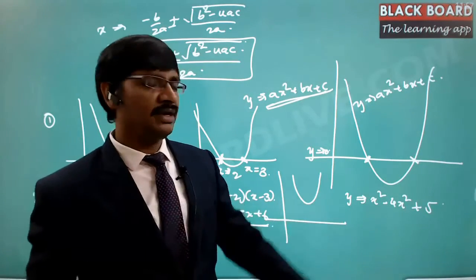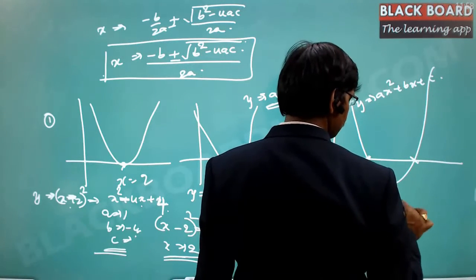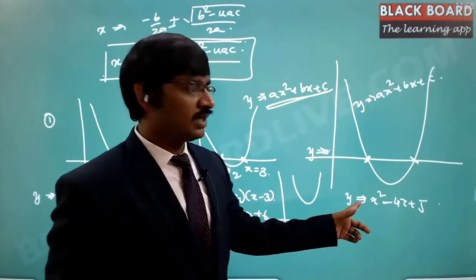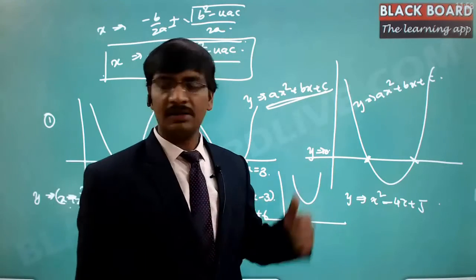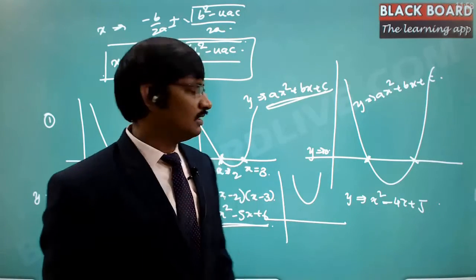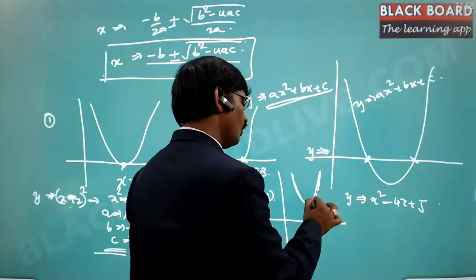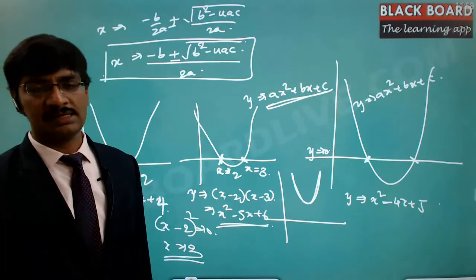Depending upon the value of minus 4x plus 5, whatever value is substituted, it won't cross this curve. So the curve is just going above the straight line y is equal to 0, the x-axis.